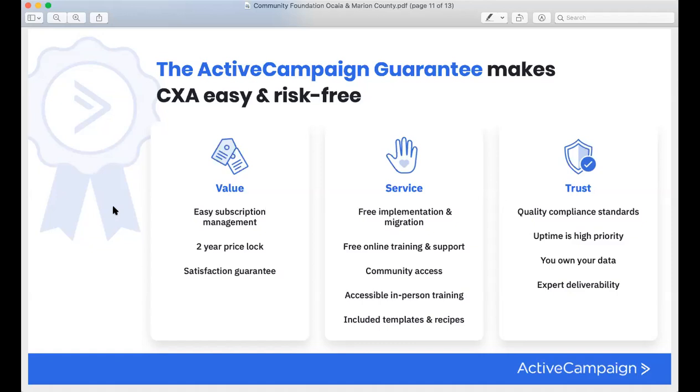Also, like I said before, we offer tons of online training and support. We also foster and facilitate a community here with ActiveCampaign. We have in-person trainings. Well, not right now, but we will have more in-person trainings.